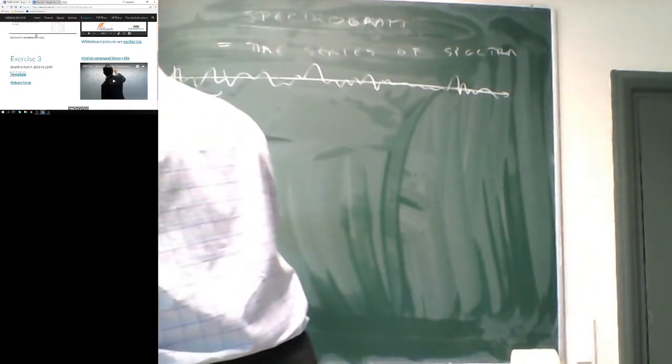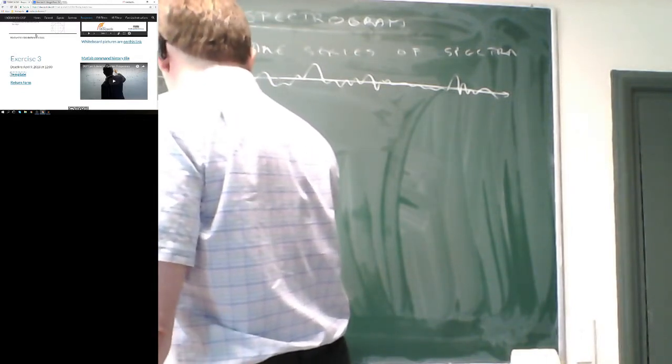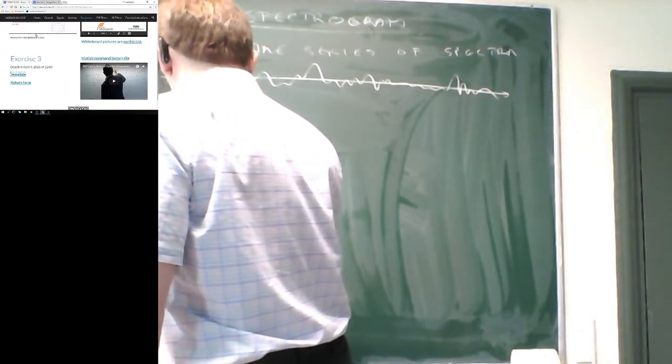I'll draw the spectrum a little differently now: this is the frequency axis, and this is the amplitude axis, X e to the j omega.